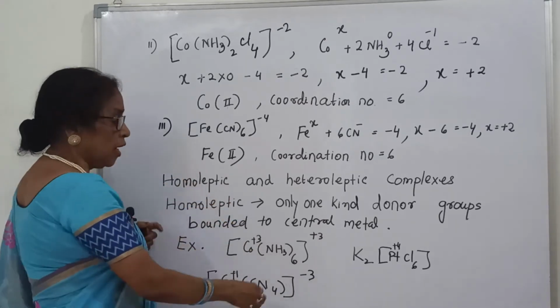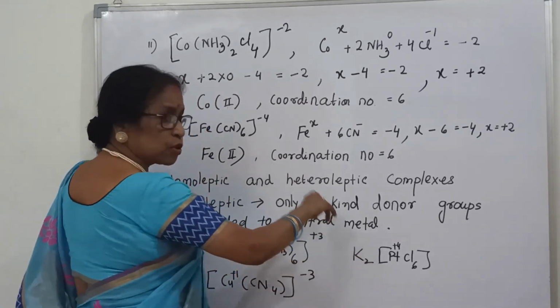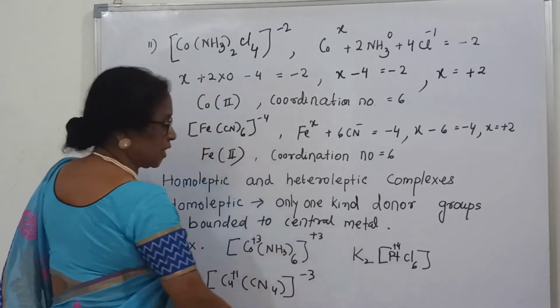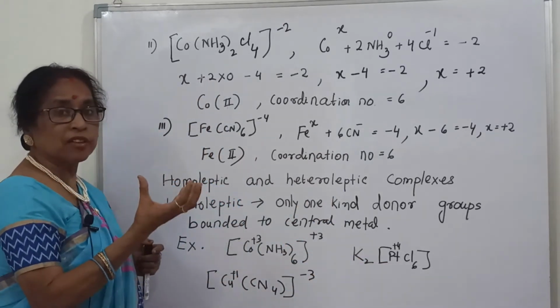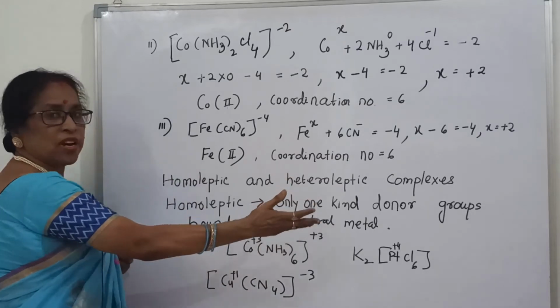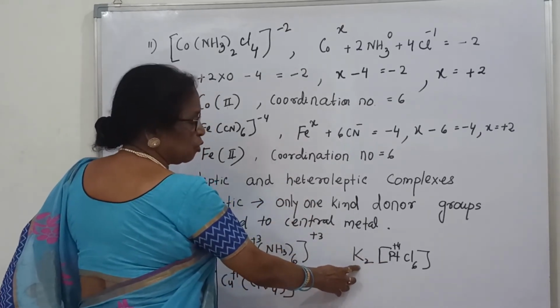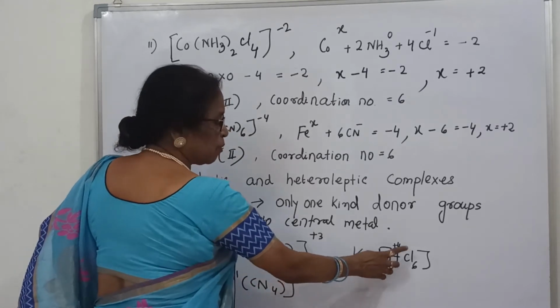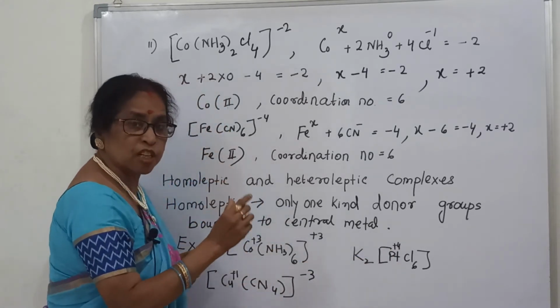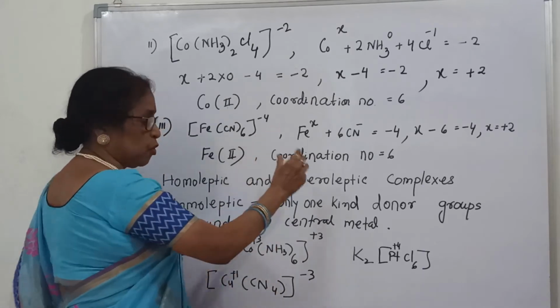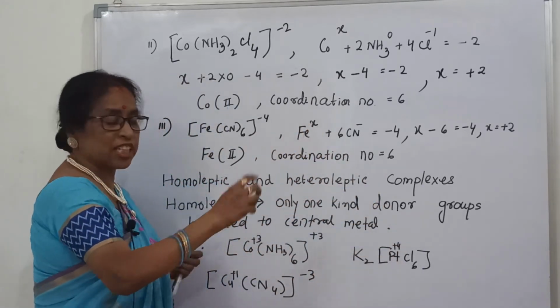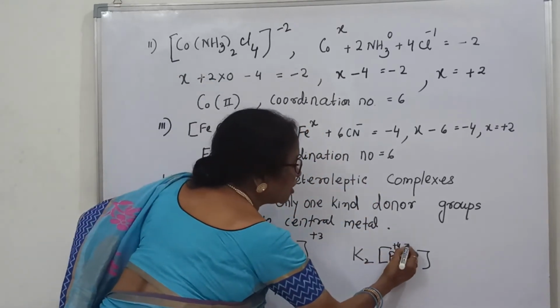you should remember what is present inside it and outside it. Take K2[PtCl6]. Here the ligand is chloride ion, only one kind of ion. This is K2, and Pt is +4. What is the oxidation number? +4. Chloride 6 gives -6.